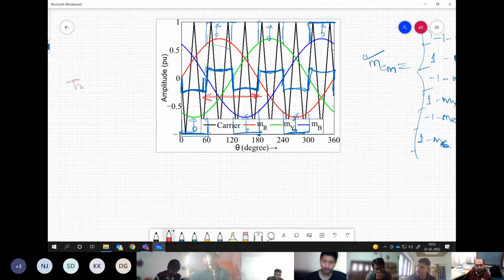So some triplet harmonic is coming over there. Again, that will come as common mode and it will cancel out. But what that will result into, that your R phase, if I draw on this R only, it will now look like this. You see the difference in the waveform R phase.